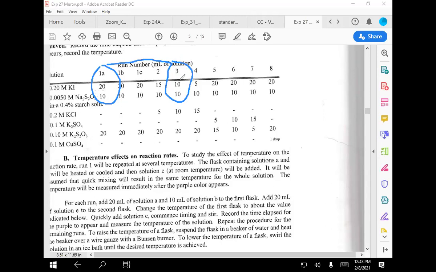But if we look at test tube 3 and test tube 1A, what's happening here? If we only look at test tube 3 to test tube 1A, the S2O3 is the same, but what happens with the iodide? Now the potassium is the spectator ion, we don't care about it, but look at the iodide.